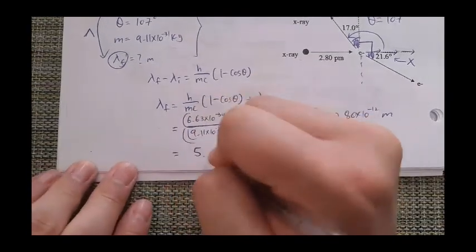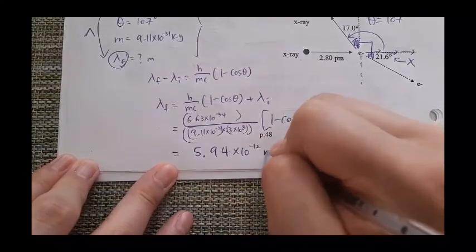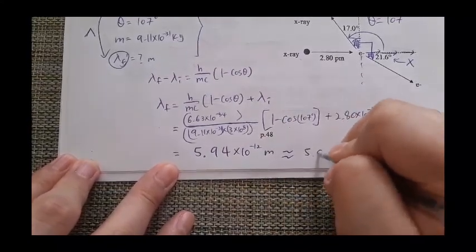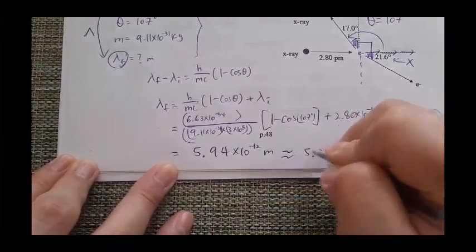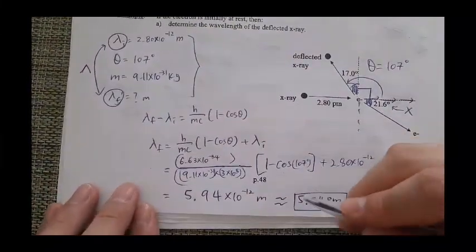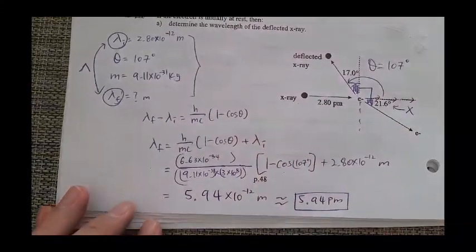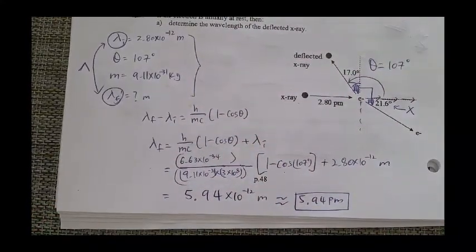So you have 5.94 times 10 to the power of -12 meter, or you can say 5.94 picometer. Like I said, double check. My final 5.94 is bigger than 2.80. That's a fancy way of saying my energy is lost.